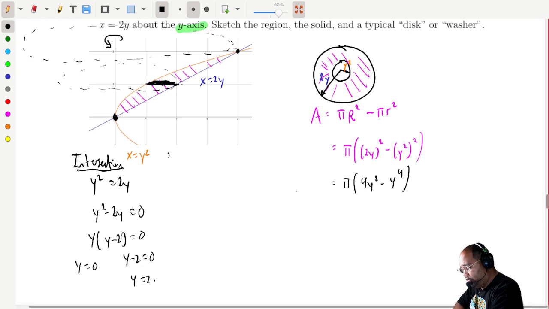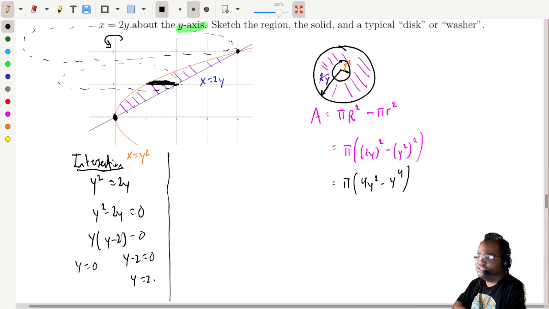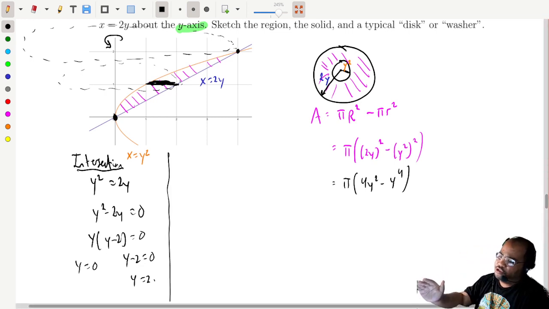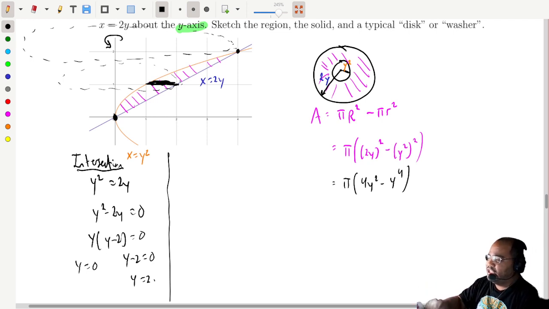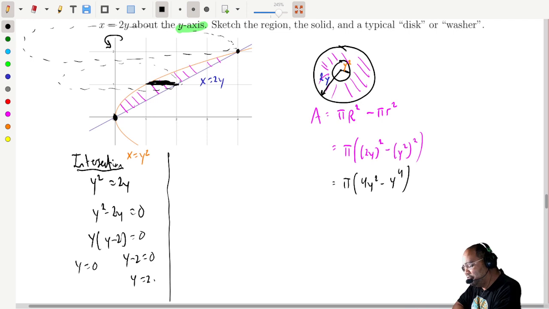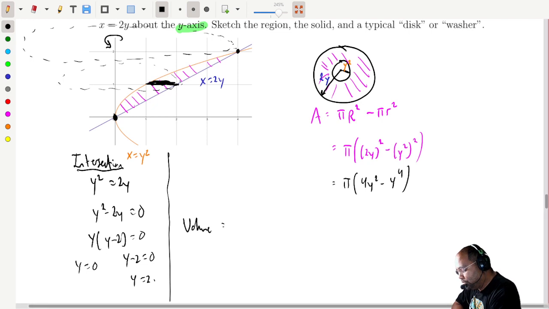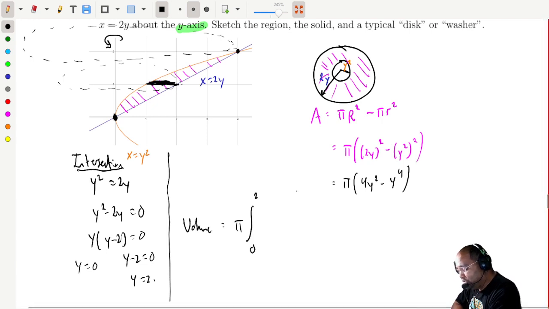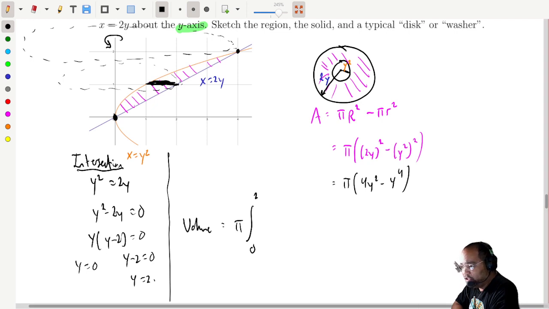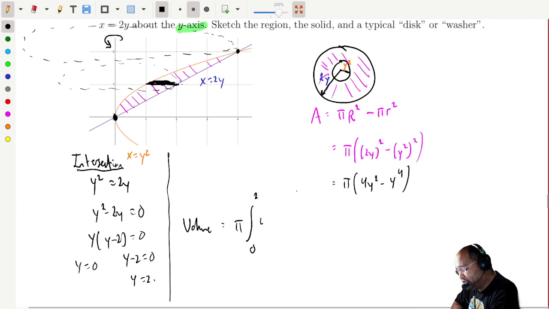So how do we set up our volume? In the same way that we always did, we take our cross-sectional slice, figure out that area, and integrate that area function. Here, there's a difference because we're taking away a centerpiece that has a hole. The volume will be pi times the integral from 0 to 2 of our area function, where we already did all the squaring: 4y squared minus y to the 4th dy.